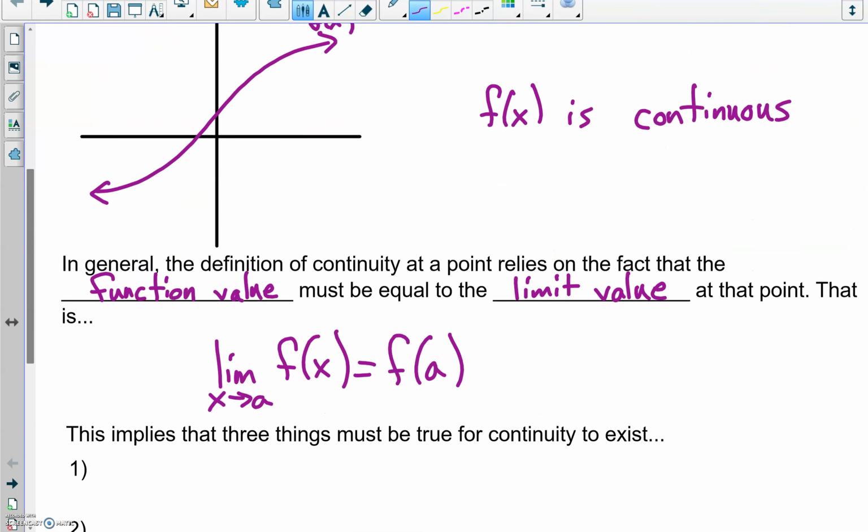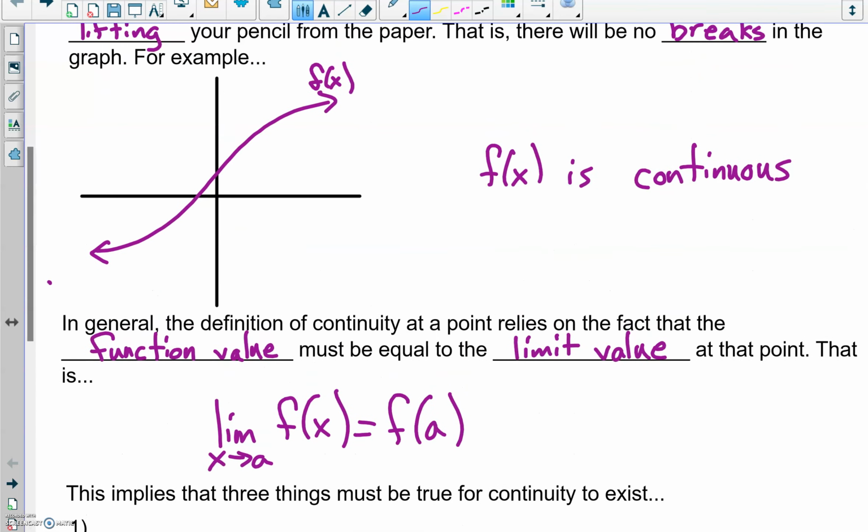And if you look up here at this graph, if I were to pick some value, let's say this is a, the f of a would be right here. Well, coming in from the left side, coming in from the right side, we also go to that f of a. So the limit value equals the function value at that point. And everywhere along that graph, you would have that condition being satisfied. So we'd say that it's continuous at every point on that graph.